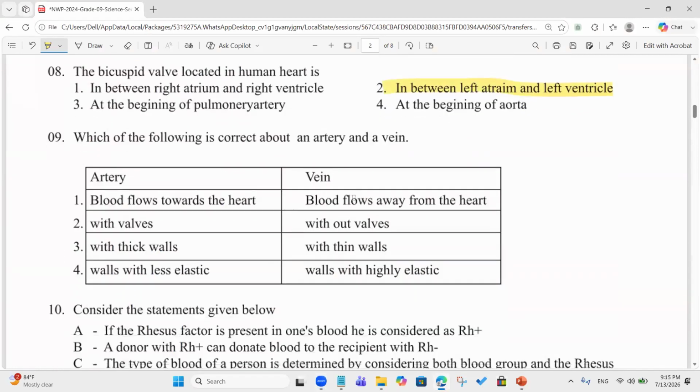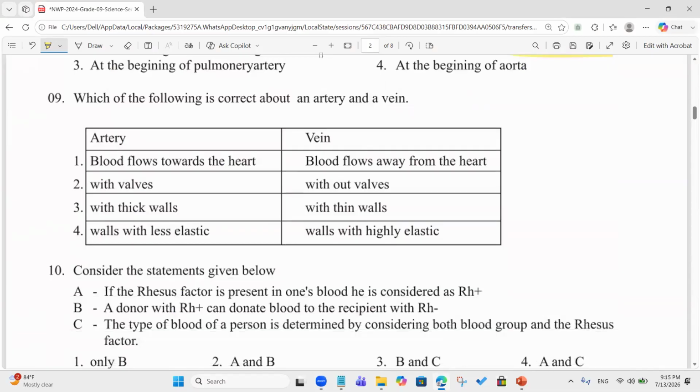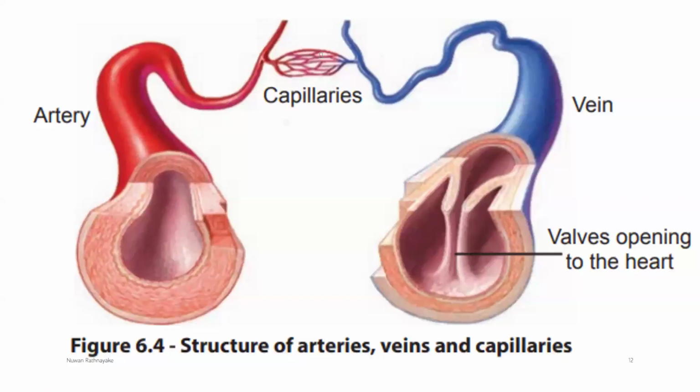Which of the following is correct about the artery and vein? Yes. What is the correct one, Lavai? Artery and vein? Tell me, what did you take as the answer? You can see the features of the arteries and veins. The walls of arteries are thick, but the walls of veins are thin.